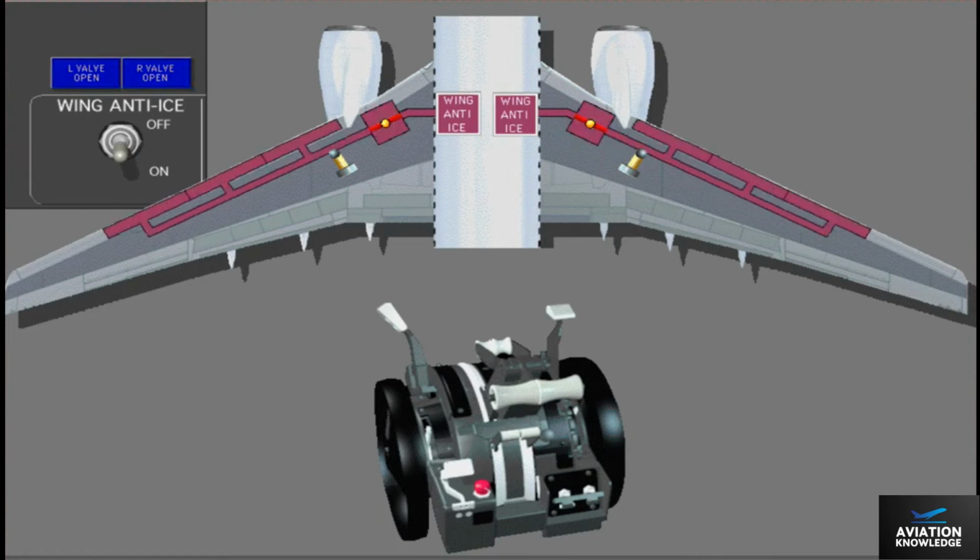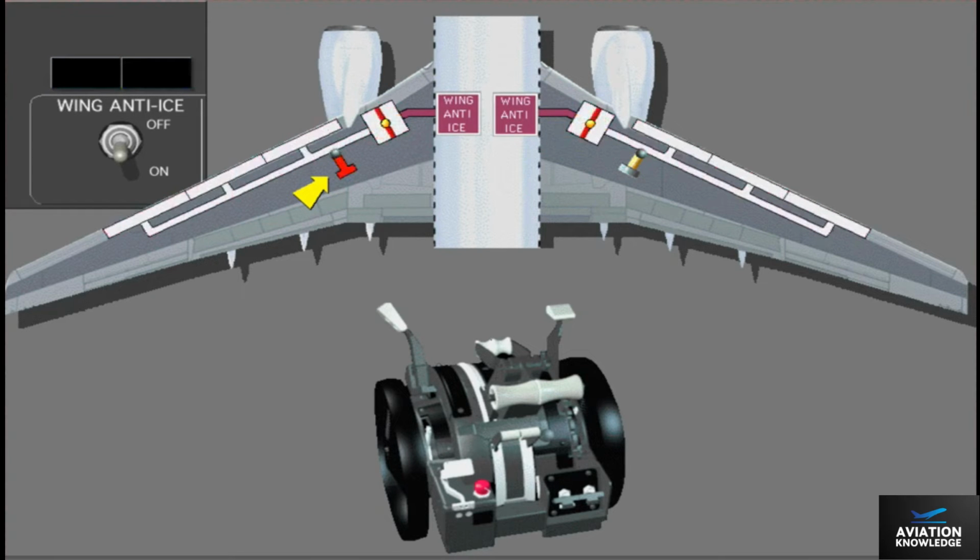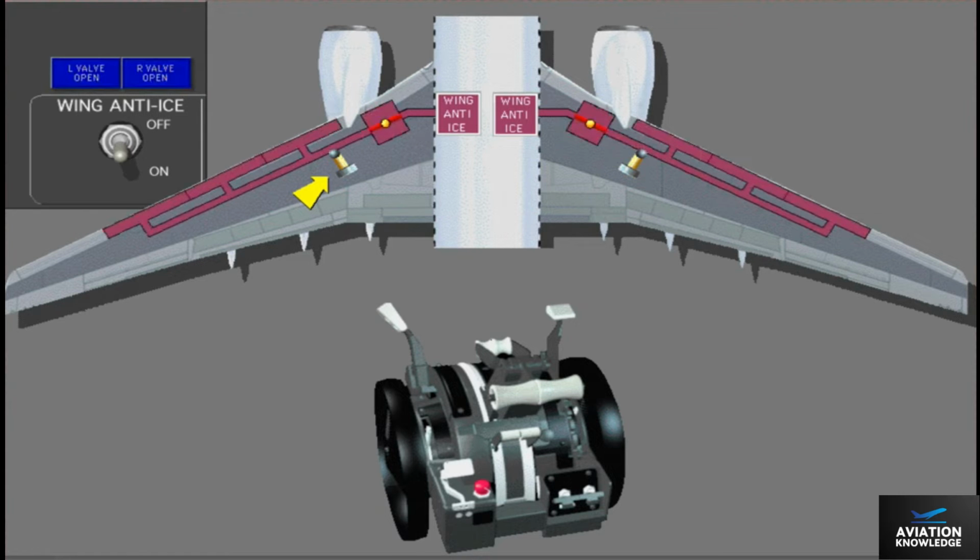If thrust is reduced, the valves open. Both valves close if either temperature probe senses an over-temperature inside the wing duct. If both probes sense a cooler temperature, the valves open.